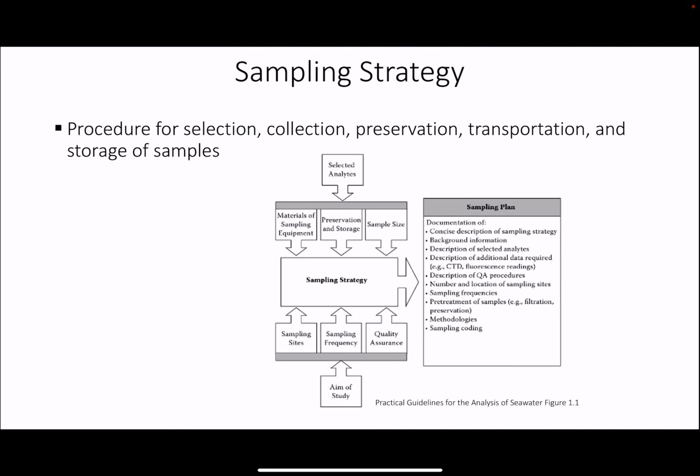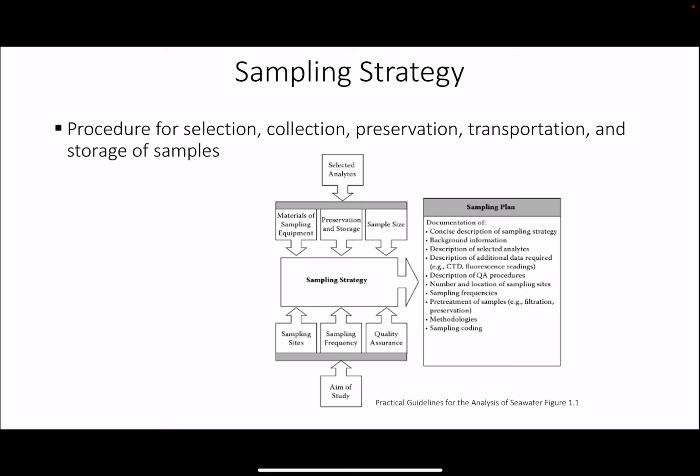There's some good guidelines you can find online for the process of selecting, collecting, preserving, transporting, and storing samples. And this is important, particularly, for example, on expeditions that are on the Agulhas, for example. A lot of the analyses that you'll want to do, you won't be able to do until you get back to the lab.